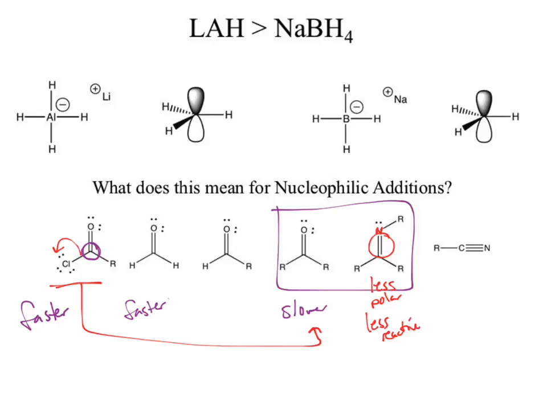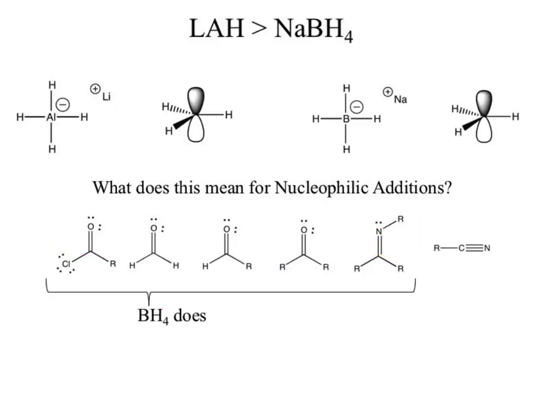So it's trying to recognize and find these patterns. We could even drop all the way down to the triple bond, and I would argue the nitrile is a tricky one to deal with, which you may have seen in the video that I recorded. With BH4, our sodium borohydride, we'll do all of those. Lithium aluminum hydride, we'll do them all. It has to do with their reactivities. The triple bond is not quite reactive enough for sodium borohydride to react with it.